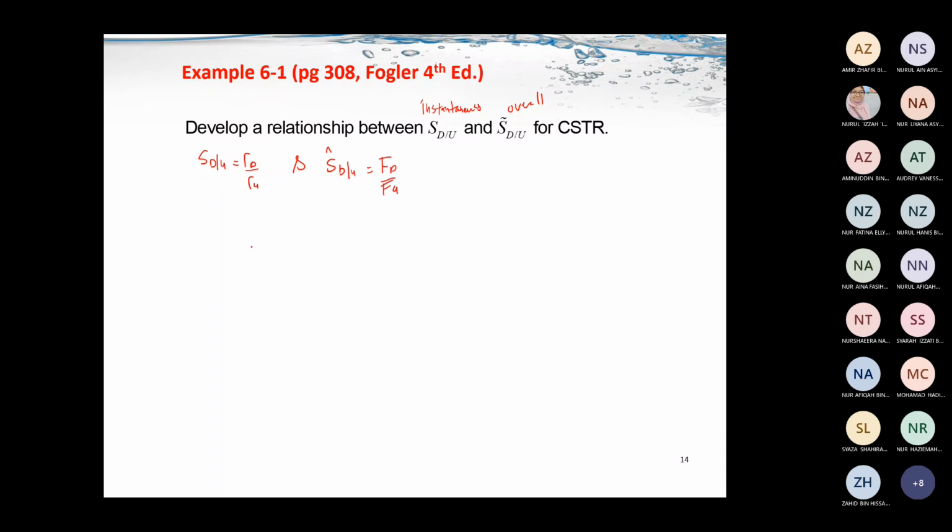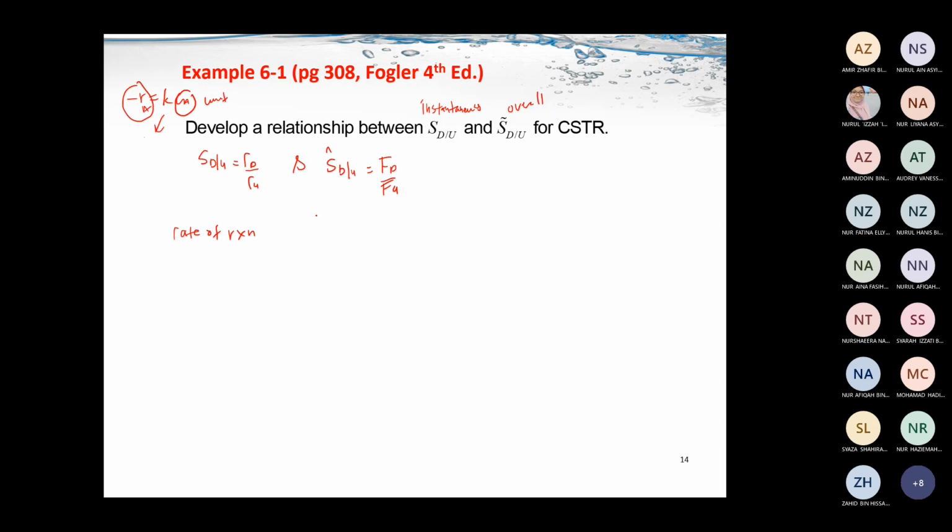Alright, remember what I said: if we have a rate of reaction, for example negative RA equals K CA and so on, this will have a fixed unit. K is a constant, so K will change depending on RA and CA.